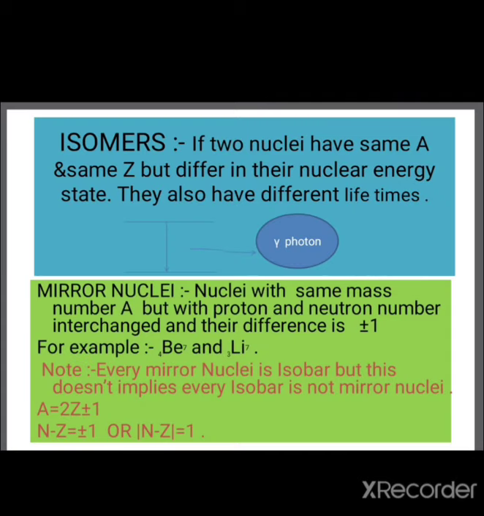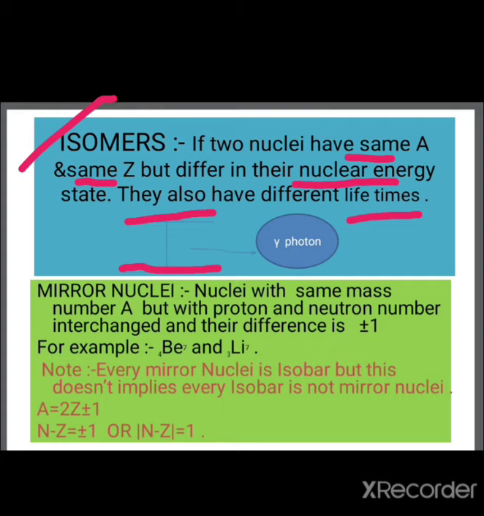Next we will discuss what are isomers. If two nuclei have the same A and the same Z but differ in their nuclear energy state, they also have different lifetimes. For example, if we take carbon here, that is the ground state energy for carbon and that is the excited level energy for the carbon atom.